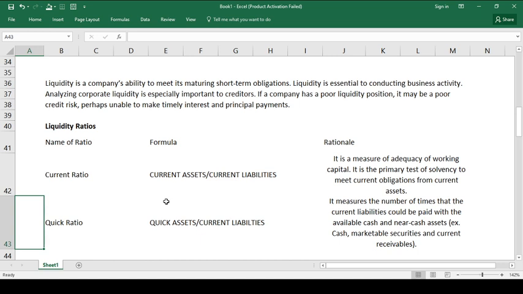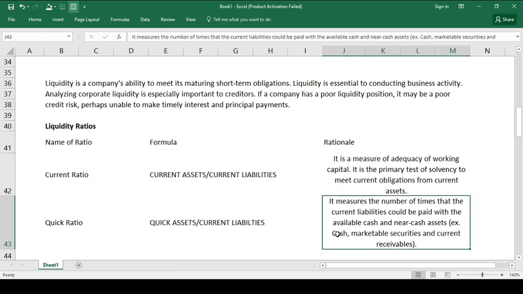On the quick ratio naman, this is another liquidity ratio. It is computed as the quick assets over current liabilities. Okay, what are the quick assets? Take note, quick assets are cash, marketable securities, and current receivables.